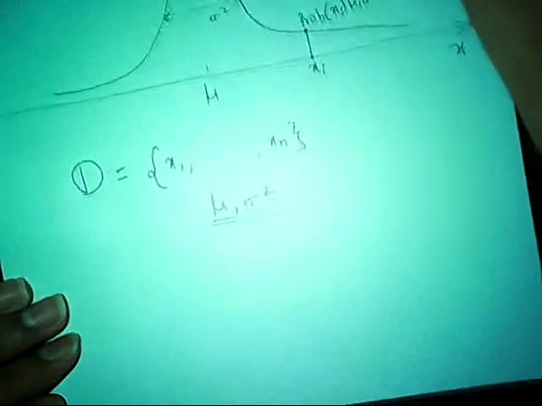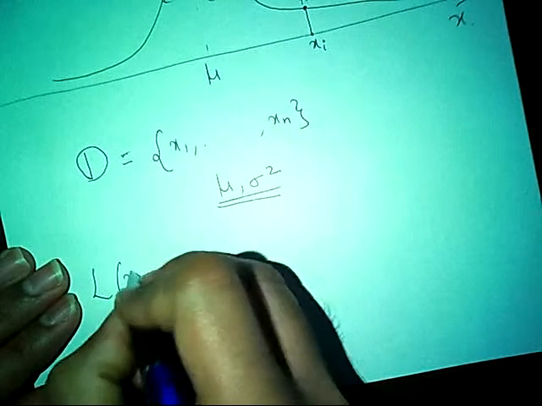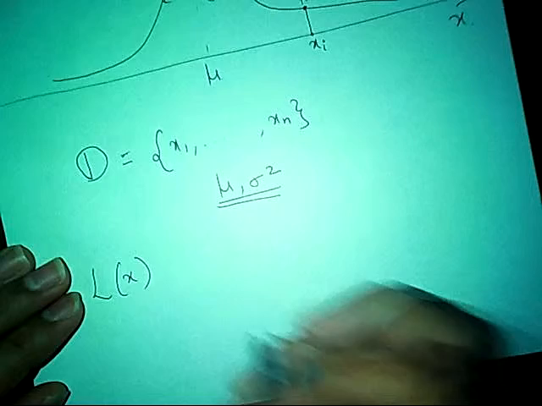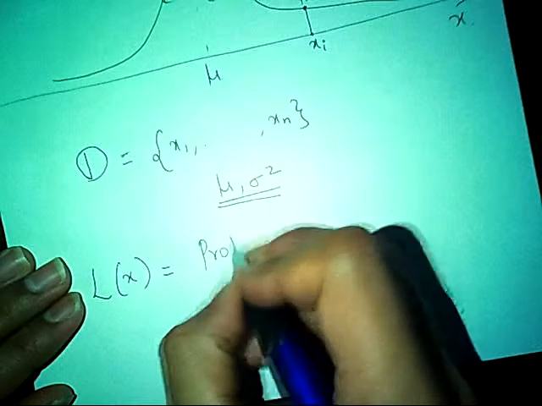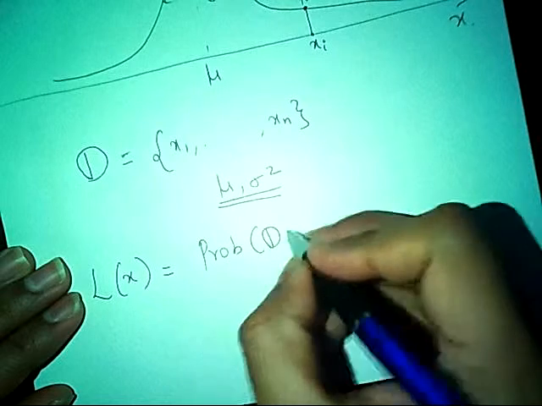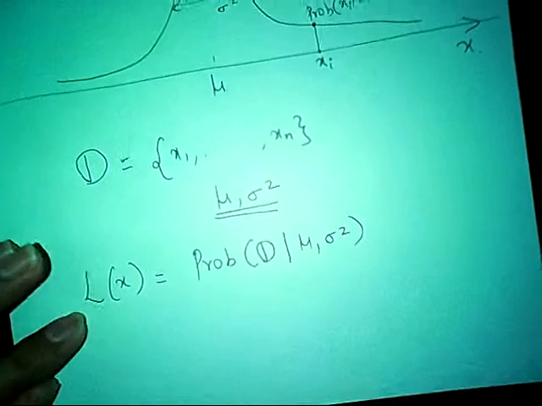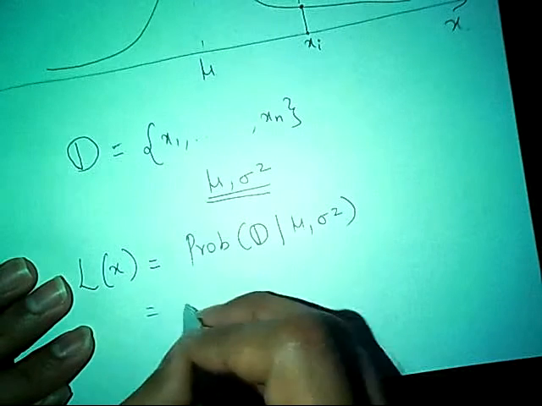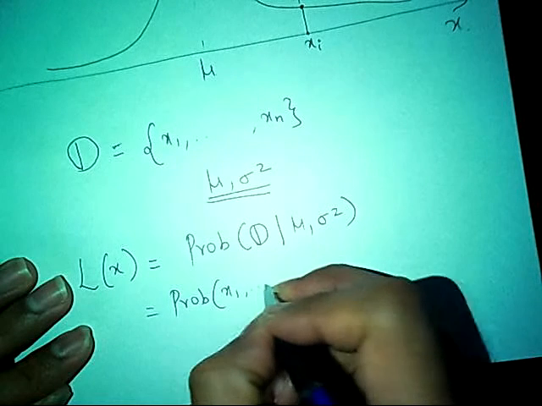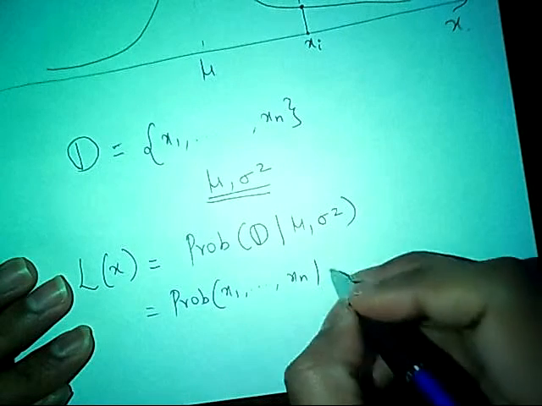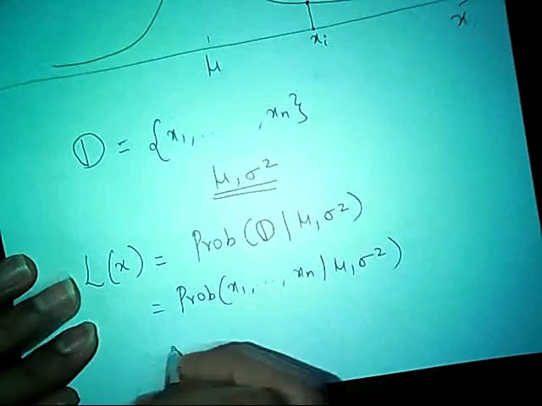So the first step in maximum likelihood estimation would be to write the likelihood function. So the likelihood function here is going to be probability of getting D given mu and sigma squared. And this is going to be probability that we have obtained x1 until xn given mu and sigma squared.